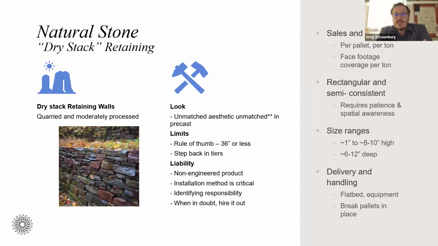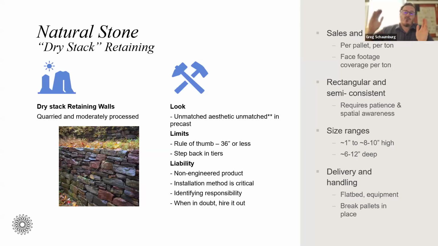But one of the rules of thumb to keep in mind is there's a limit for a dry stack retaining wall, which is 36 inches or less. Once you go above that, we'll talk about some of the pressures and forces that act on all retaining walls, whether they're dry stacked or not.